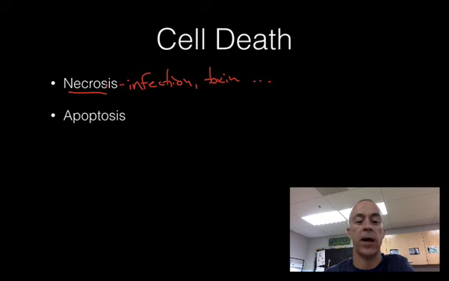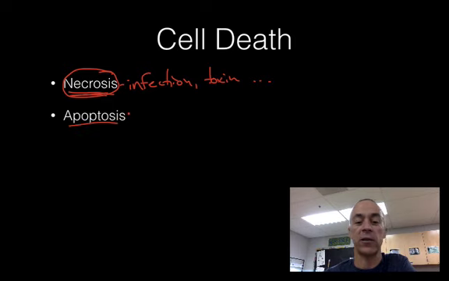And basically what happens here is if these cells are damaged to a point where they can't repair, they will just die, and they'll basically explode and release their contents into the external environment. Extensive necrosis can actually be really bad because it will lead to inflammation and other problems with our immune system.